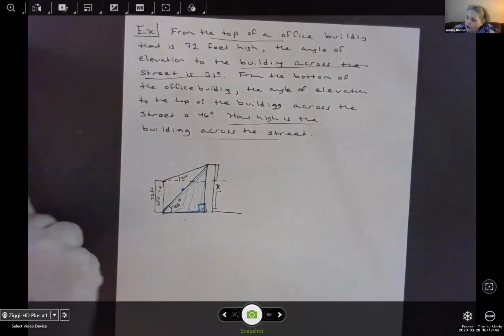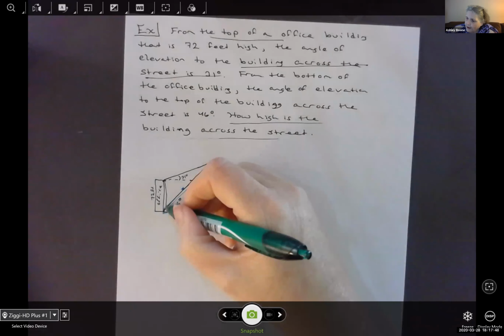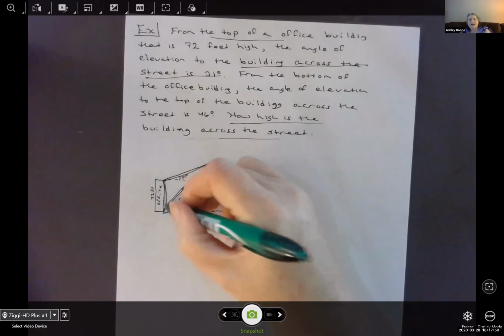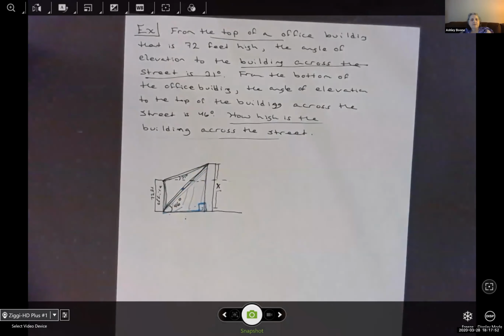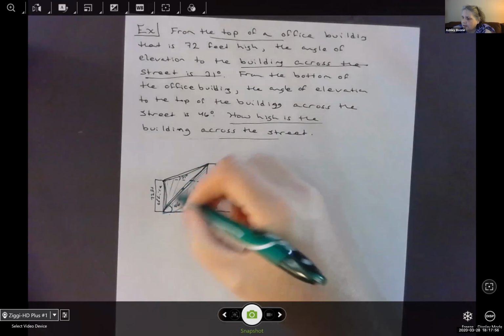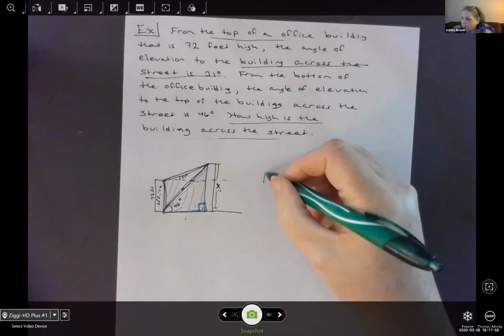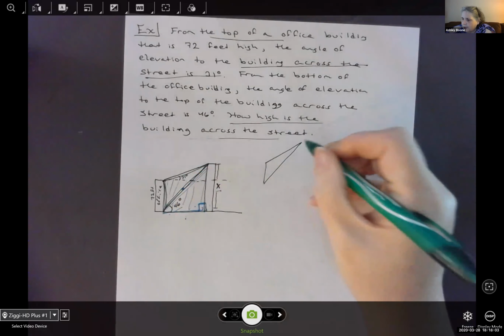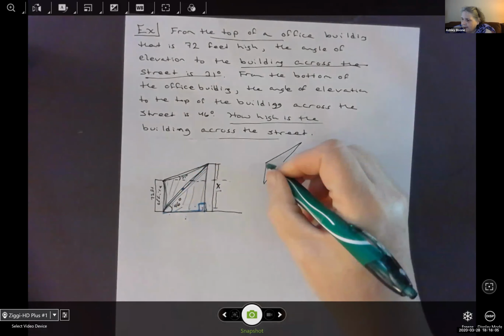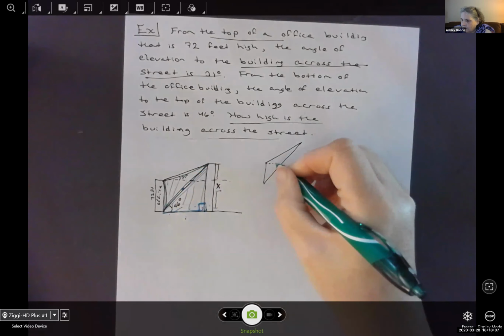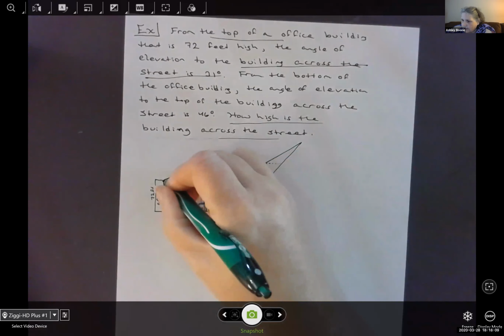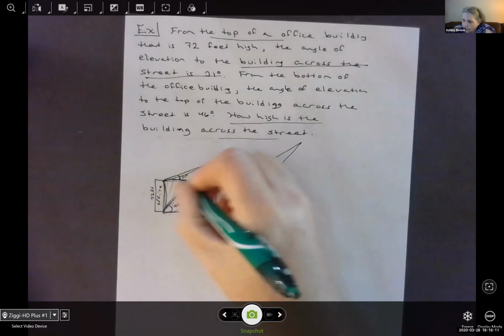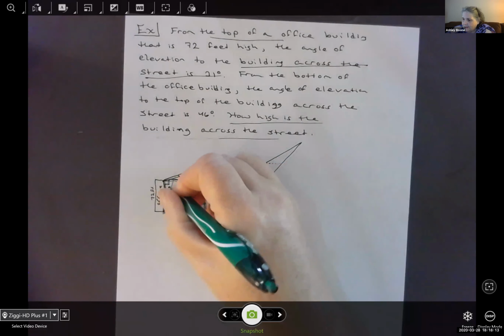But notice up here, we have another triangle where we could actually get enough information. Let's look at this one that I did in green here. I'm going to break it up for a second, okay? So in this upper triangle, I know that this angle right here was 31 degrees. Notice this with the horizontal is 90.